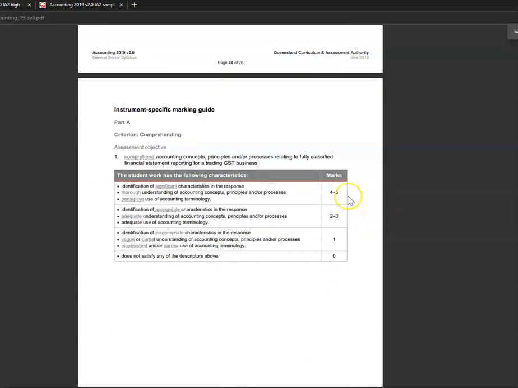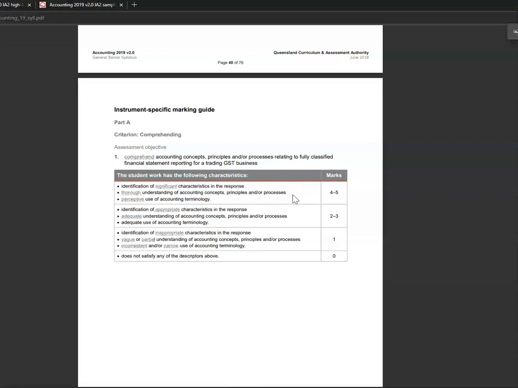For Part A, you'll be given marks for identifying significant characteristics of the response. So that's things like defining: if there are words there, make sure you can define them. What do you know? We'll be looking for the understanding of accounting concepts, principles or processes. So if the first section is what do you know, the second section is what do you understand about that?